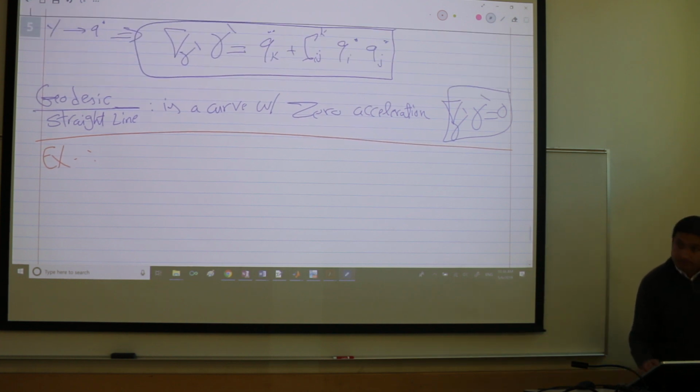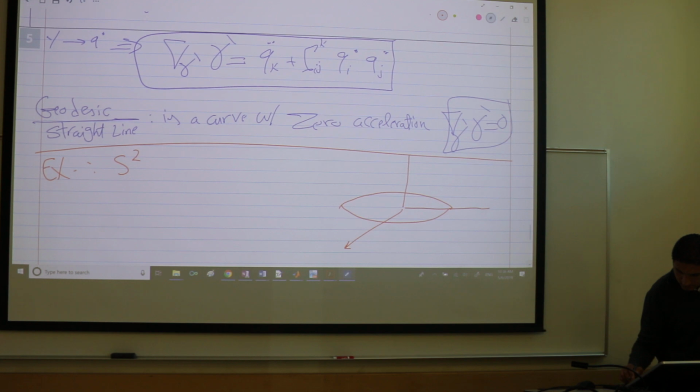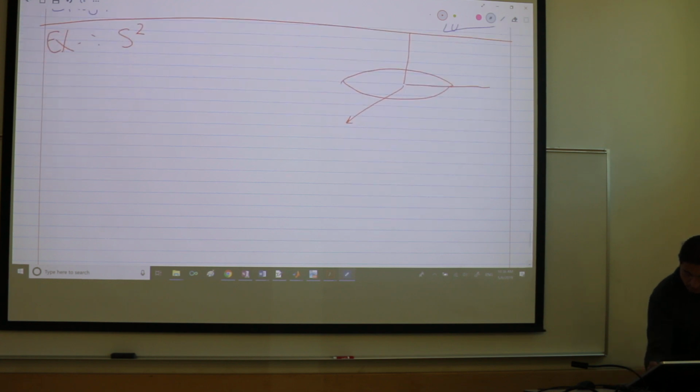S2 is a two-dimensional manifold, so we have two coordinates. It's embedded in R3, with x, y, and z, but I don't care about the embedding now.